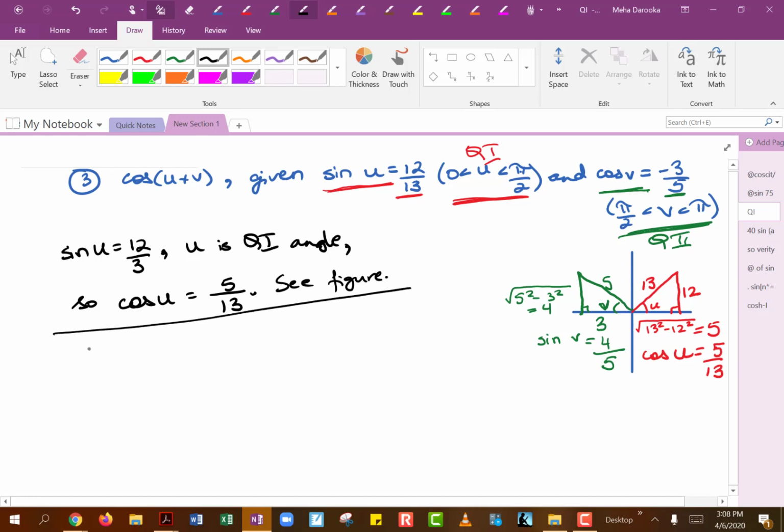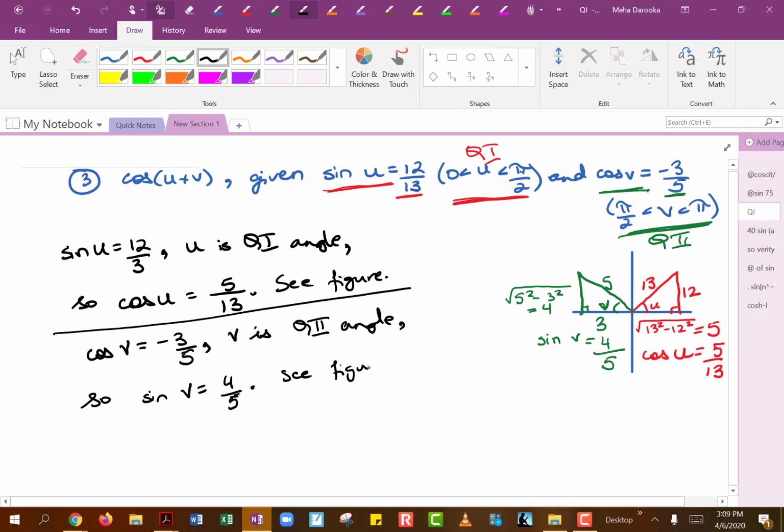Then the second information we were given in our problem was that cosine of v equals negative 3/5. We know angle v is a quadrant 2 angle. So that means our sine of v came out to be 4/5. And again, you can use that figure to help you out if you needed to.